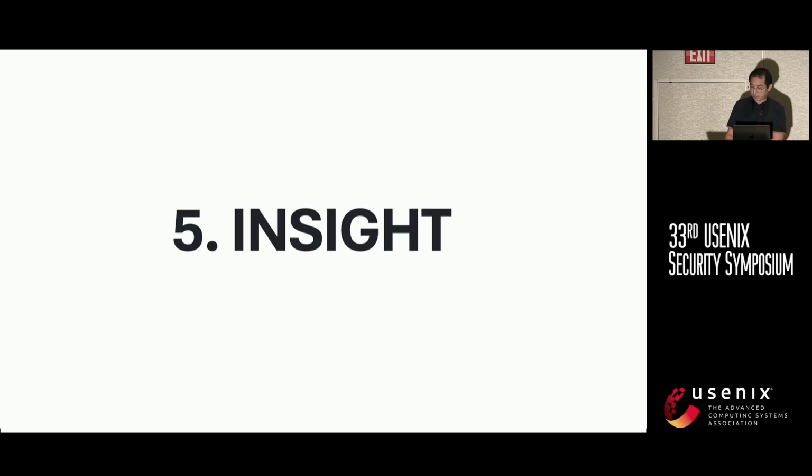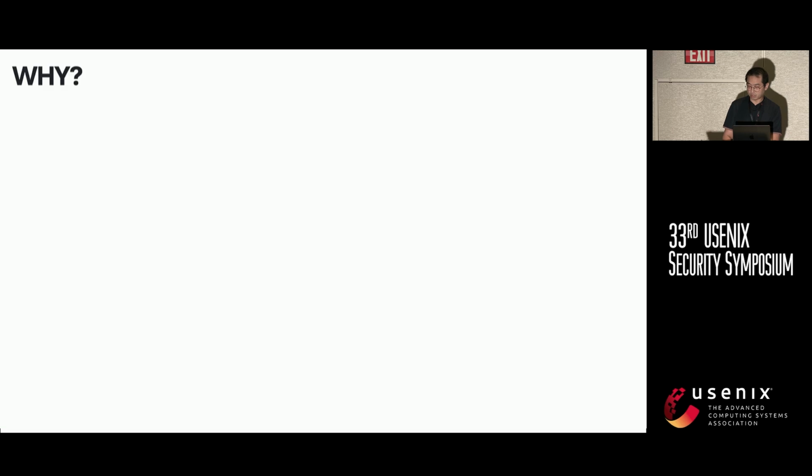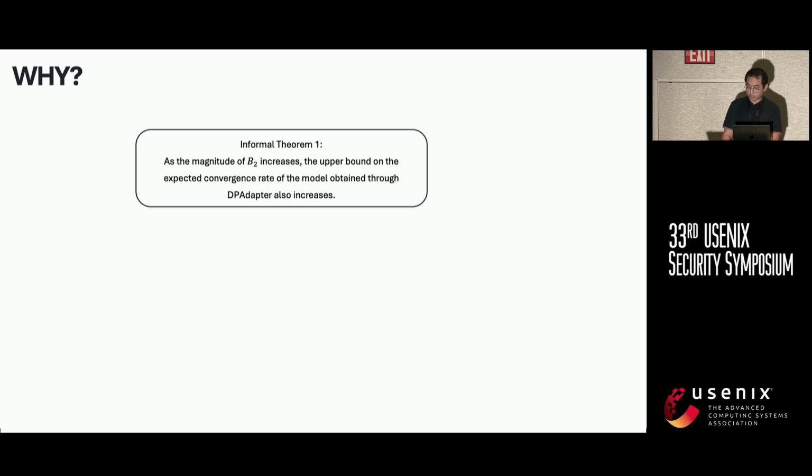So why is DPAdapter effective? We are also looking for a theoretical understanding that can guide future research. In theory, we present 2 main theorems. First, theorem 1 establishes that under certain reasonable constraints, B2, which is the batch set used when computing the perturbation, is directly proportional to the upper bound of the model's convergence rate.